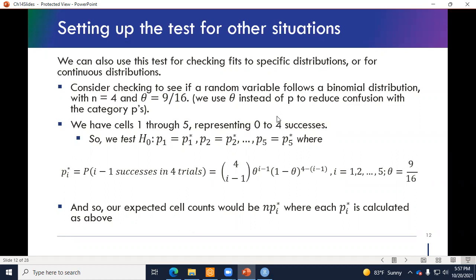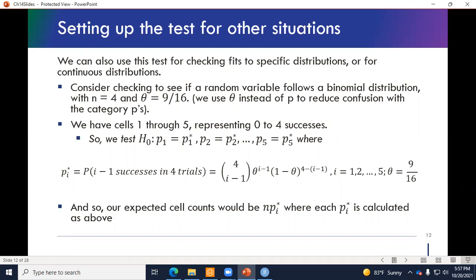But let's consider an example to check if a random variable follows a binomial distribution, and let's say we have n equal to 4. Binomial distribution, if you still remember, is about taking n trials and counting how many successes out of these n trials.